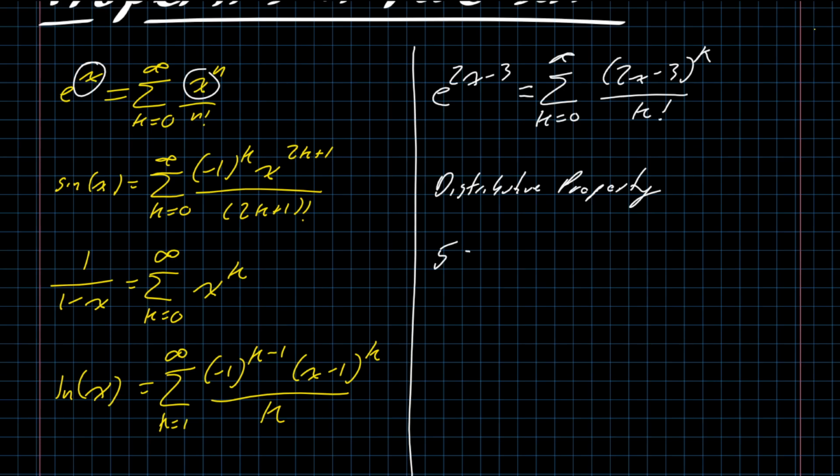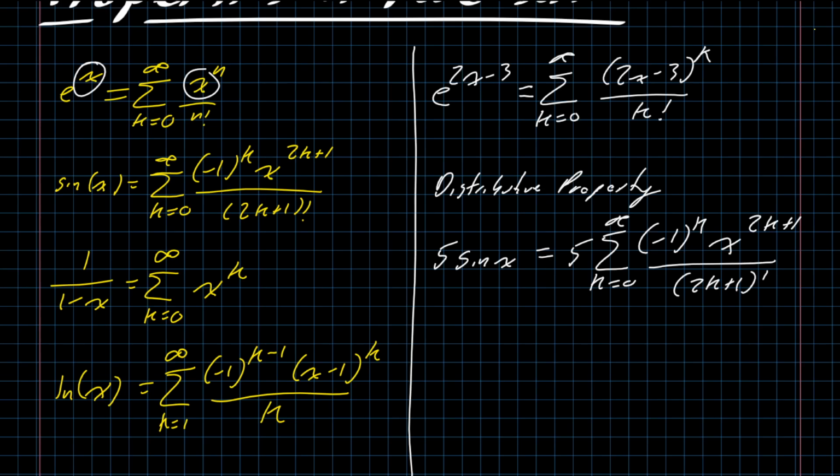If I want 5 times the sine of x, well, that would just be 5 times the series. K goes from 0 to infinity of negative 1 to the k, x to the 2k plus 1, all over 2k plus 1 factorial. And we can bring that 5 inside the summation.